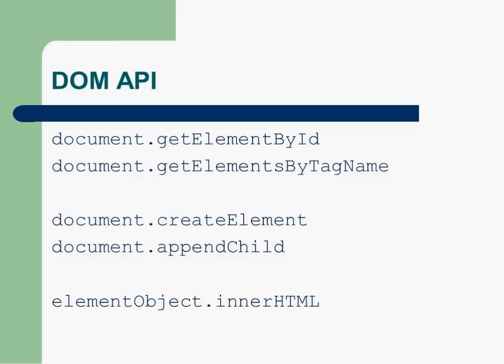You pass the reference to that newly created element, and it will be appended to the DOM. So this was document.createElement, and then that element we should pass to appendChild.